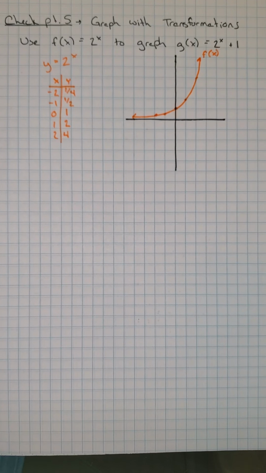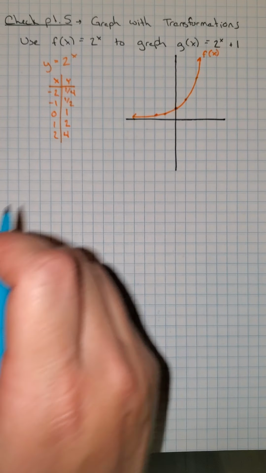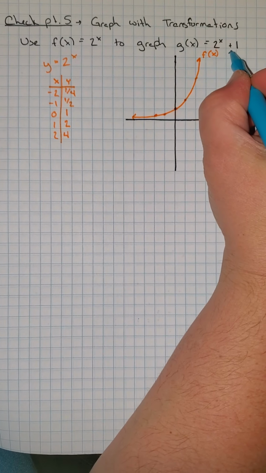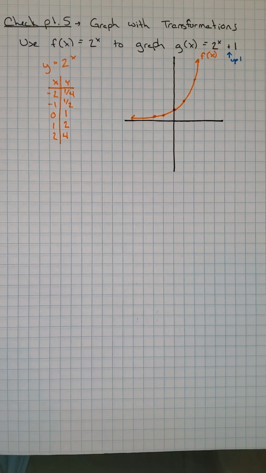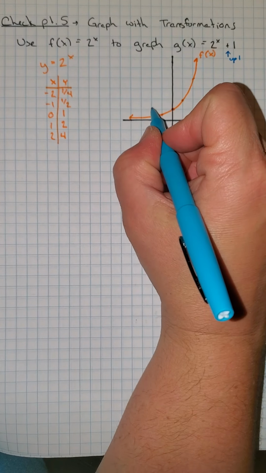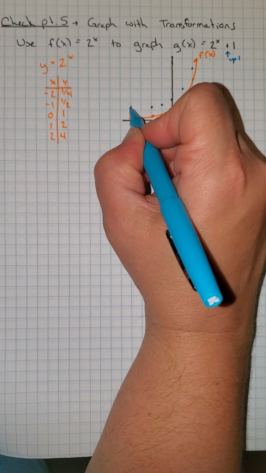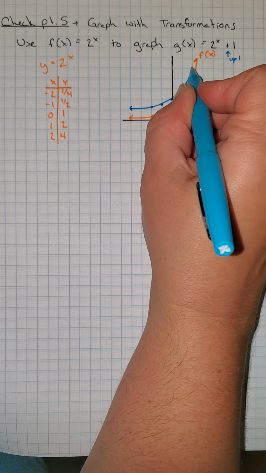Now we've got a plus 1 for the other one. So that plus 1 is going to shift it up 1. So we're going to shift our original f of x up 1 unit. Every point up 1 unit. This time I was able to get all 5 in there. This will change our asymptote.